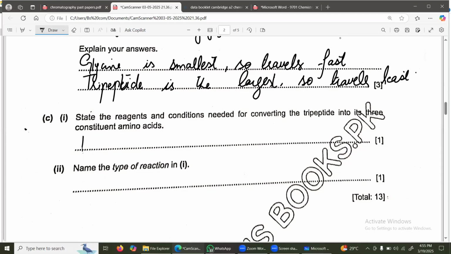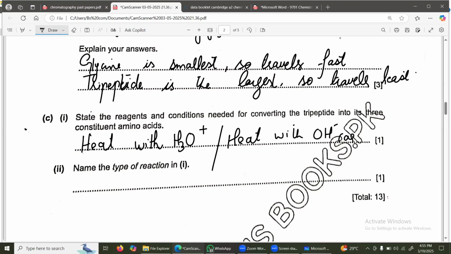So you can either heat with H3O positive, or in another way you can write heat with OH negative, but aqueous, obviously, because there will be hydrolysis, so aqueous conditions will be there. And the type of reaction, obviously, is hydrolysis. Okay.